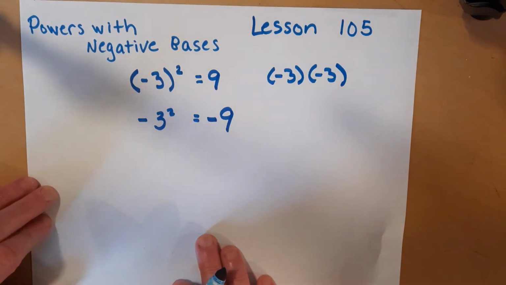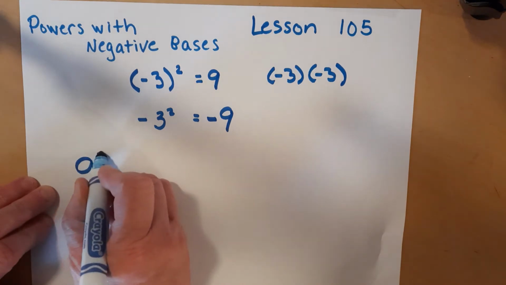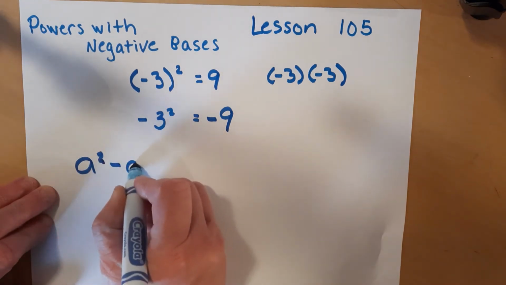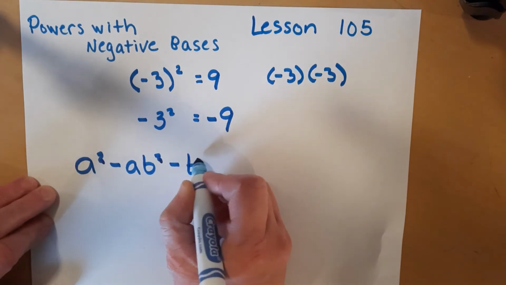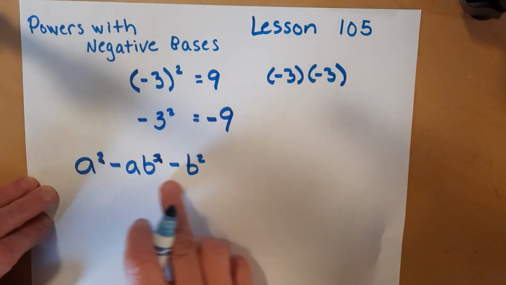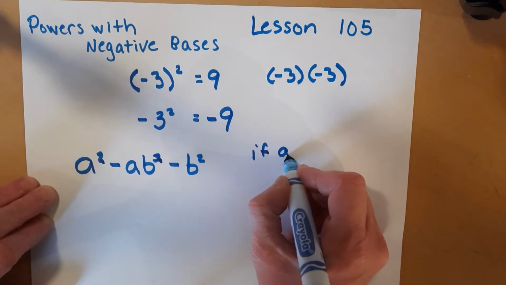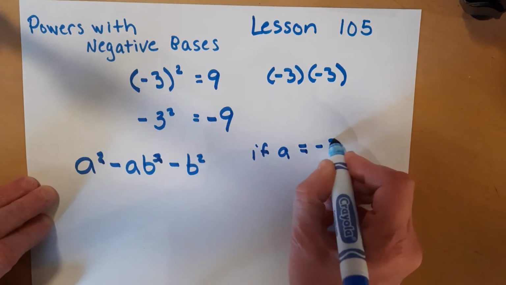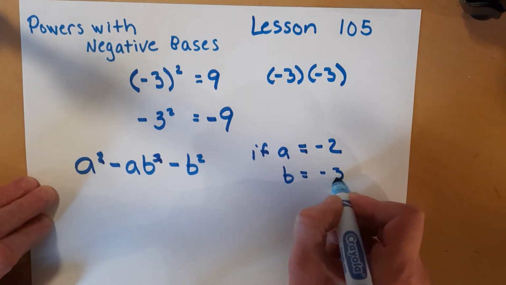then when we get to problems like a squared minus ab squared minus b squared, they're asking you to simplify that if a equals -2 and b equals -3.